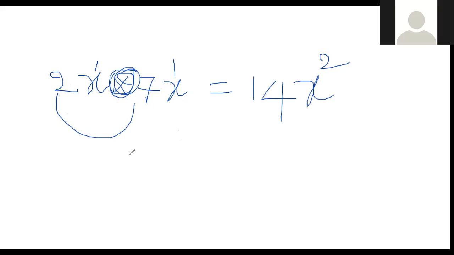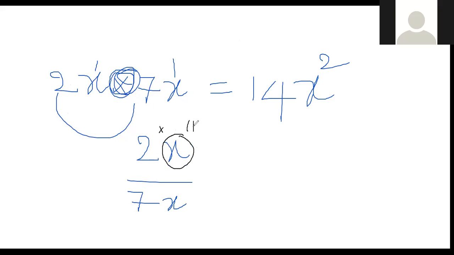That is the answer. Similarly, can I see 2x by 7x? When division is possible, what is your answer? When division is there, the relation between these two terms must be division. Here the term is x, and if no power is there, then you have to consider 1.